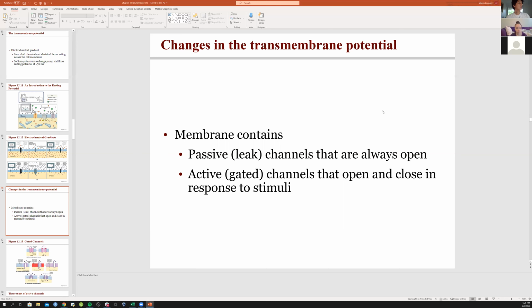So here we have changes in transmembrane potential. They're going to be passive or active. This is what we talked about, the passive leak channels and the active gated channels.